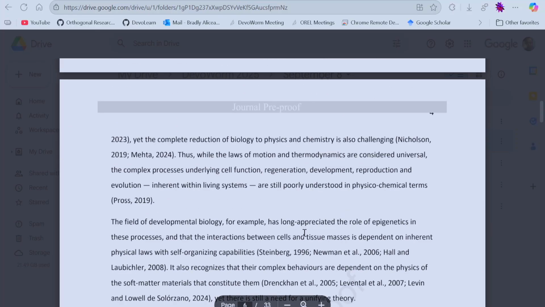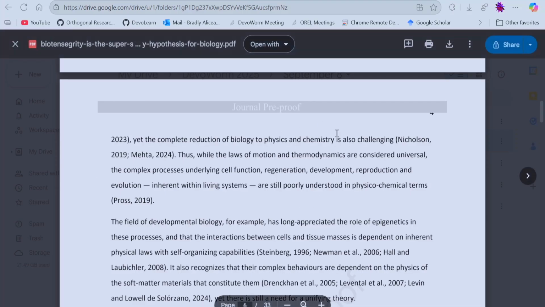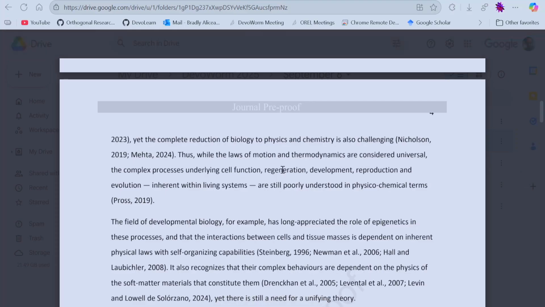And so it goes into the idea of laws in biology, and how the laws of motion and thermodynamics are considered universal. But for a lot of these complex processes within cells, we don't really understand the laws of motion and thermodynamics in the context of these biological processes at the cellular level, anyways. Like cell function, development, reproduction, regeneration.